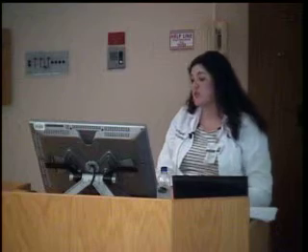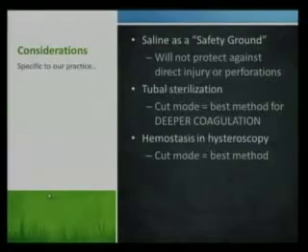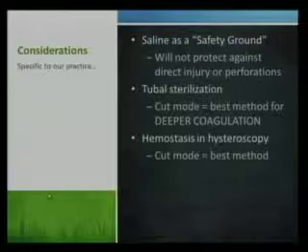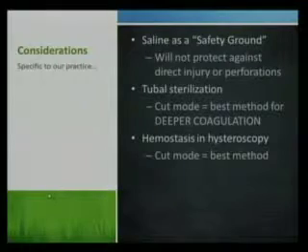And then for tubal sterilization, you actually want to use the cut mode. We all think, right, you want to use coag, because you're trying to make this thing not patent anymore. You want to burn it all up. But actually, if you use coag waveform with tubal sterilization, you so quickly cause a char superficially that the current can't penetrate into the inside, the lumen of your tube, and so you get more failures.